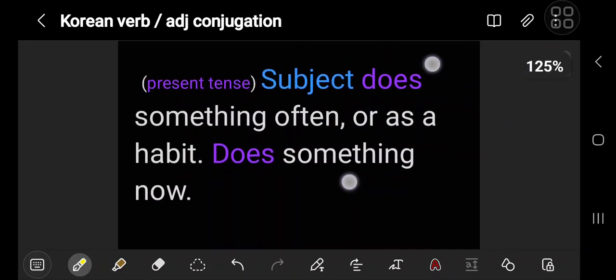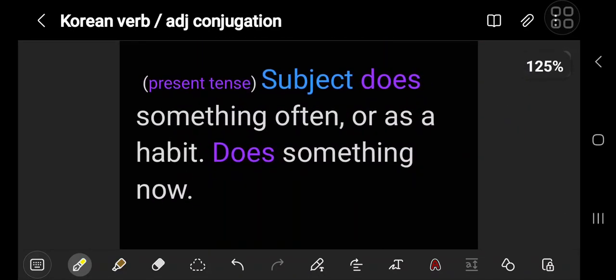Now, these are just very simple ways of changing things. We have what we call the present tense. The present tense is when you change the verb into a form that shows the person who is reading the words or who is listening to the words some information about what's happening.